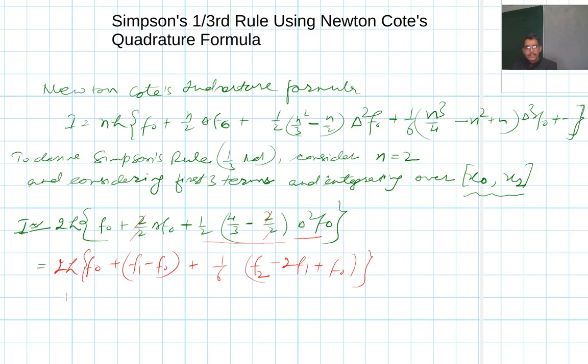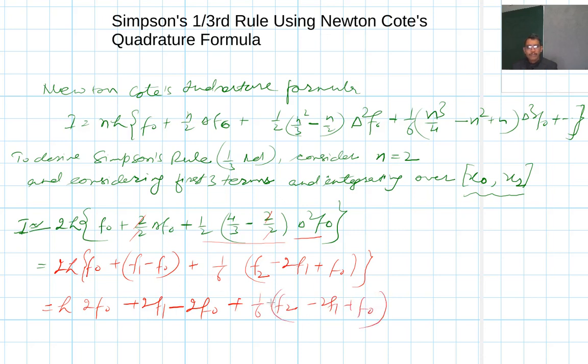and let me simplify it, multiplying 2 with inside, so it is 2f naught plus 2f1 minus 2f naught plus 1 by 6 (f of 2 minus 2f1 plus f of naught).